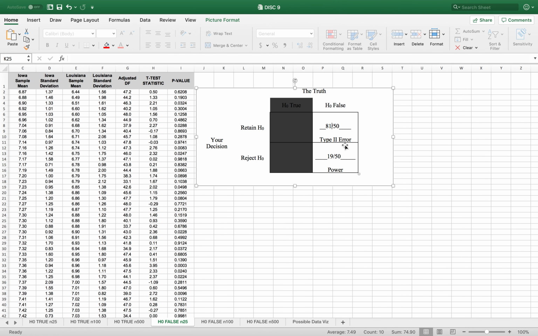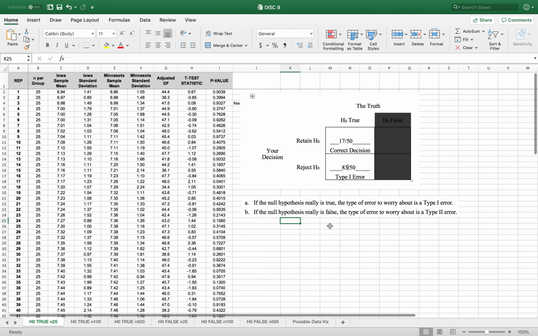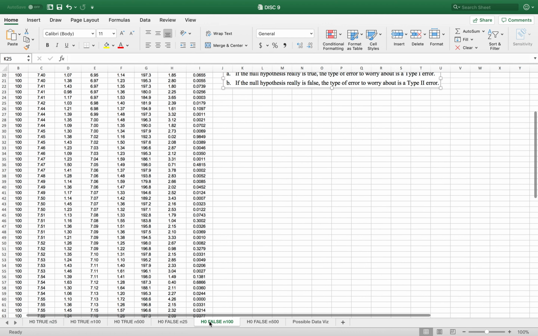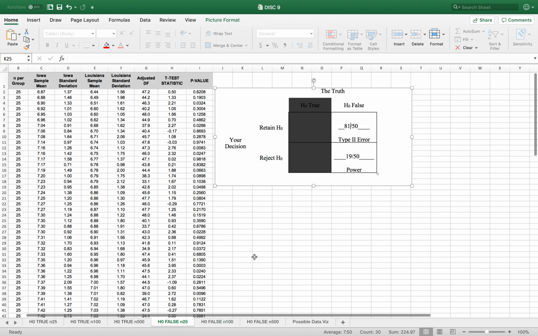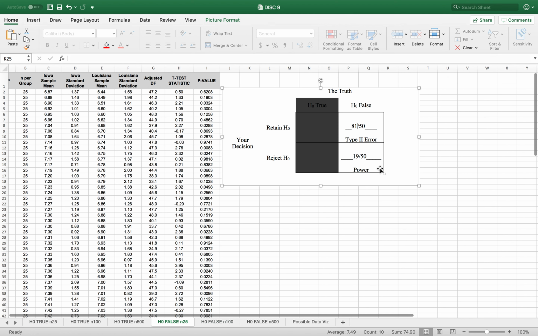So now going to false. The false one has a type 2 error, which, if we go back, is if the null hypothesis really is false, the type of error to worry about is type 2. So type 2 error is when the null hypothesis is false, meaning the means are not 7.5. That equals power because it's correct.